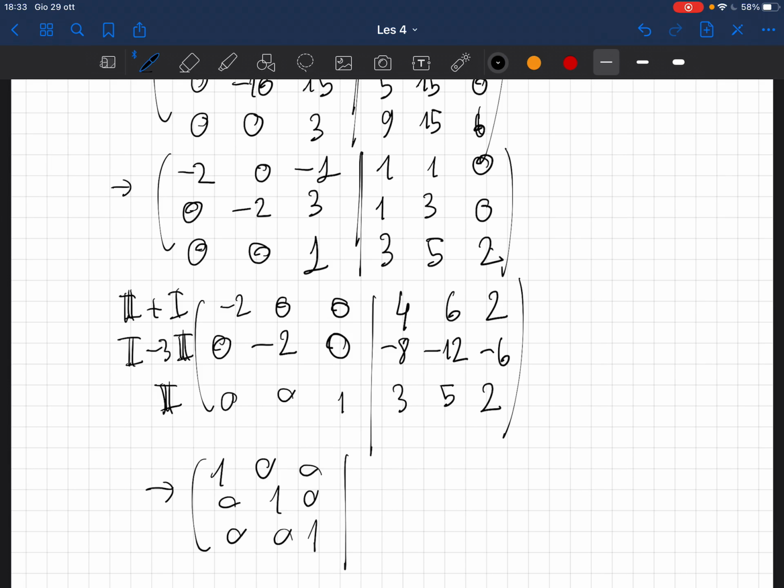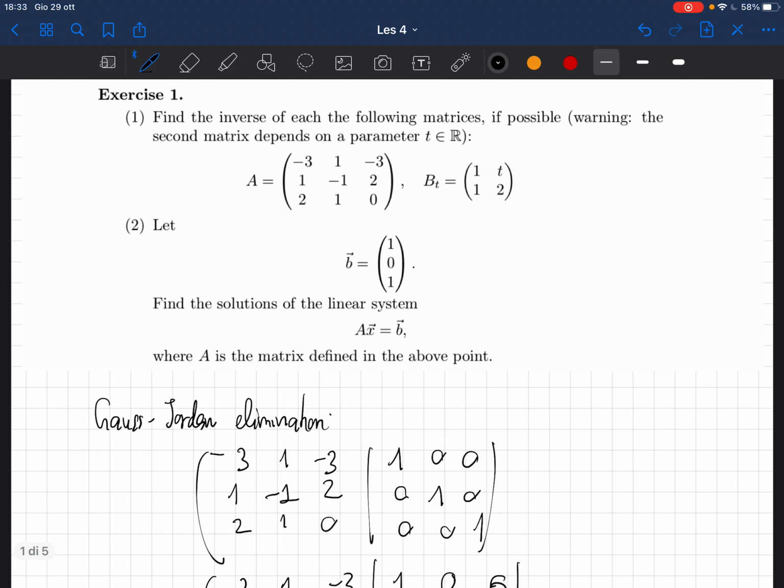And here we just divide by minus 2. This is minus 2, minus 3, minus 1, and this has to be 4, 6, 3, and this is 3, 5, 2. And this is it. This is how you get the inverse matrix of your given matrix.